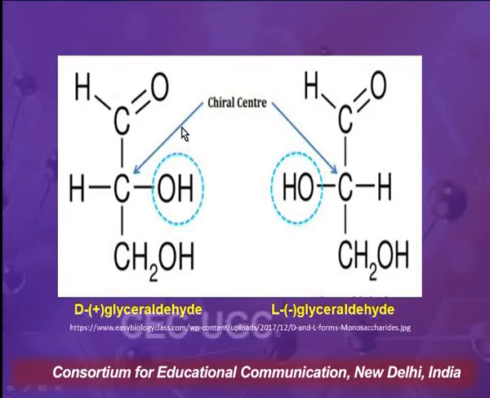And just now I said that this molecule was taken as an arbitrary standard. One reason was this, and the second reason was that when he did a detailed study of glyceraldehyde, he found that we have a C double bond O here.